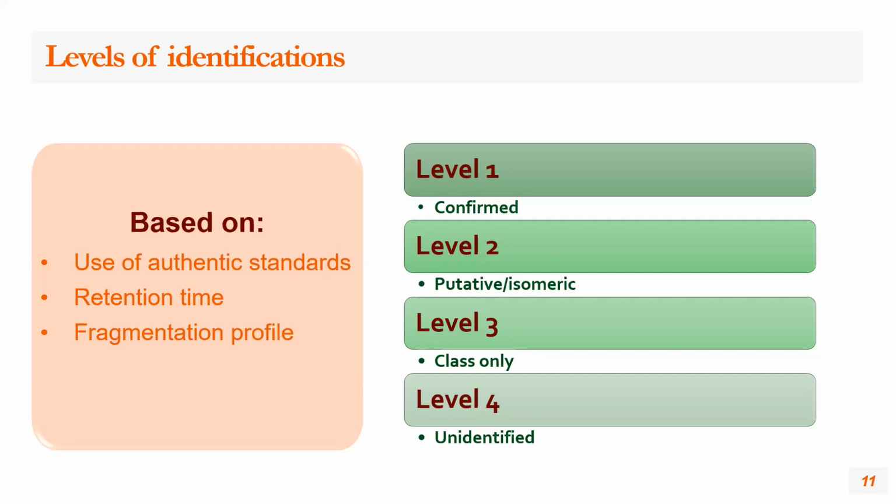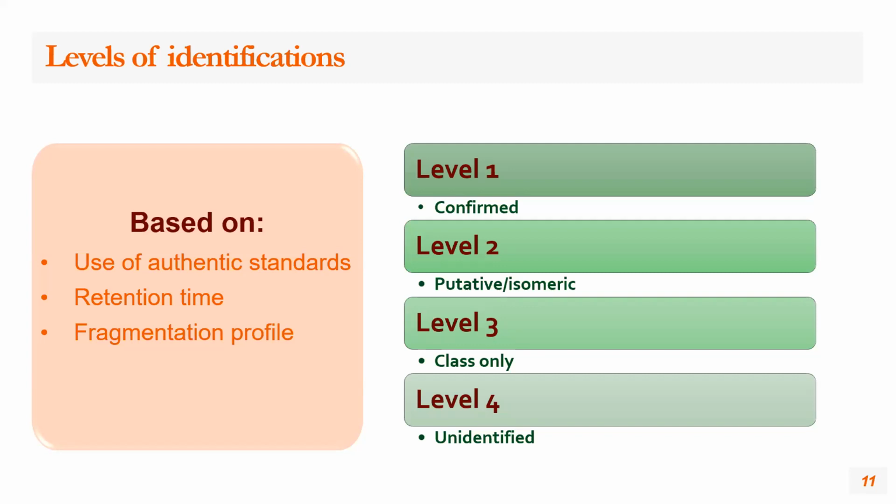So if you have a standard, if you know the retention time, if you have the fragmentation profile, you can say that you go for level 1 identification. What if you don't have a standard, but you have a retention time and you have a fragmentation profile, so you're almost sure that this is the compound, but you don't have a standard to compare to, you can say it's a putative identification.